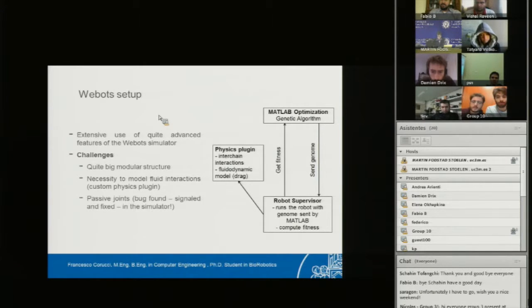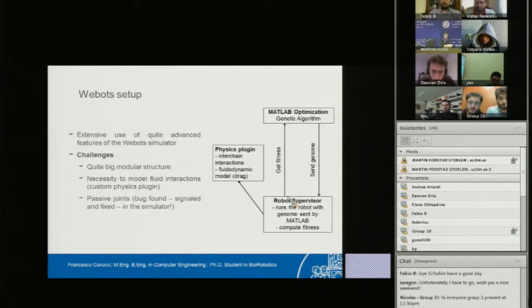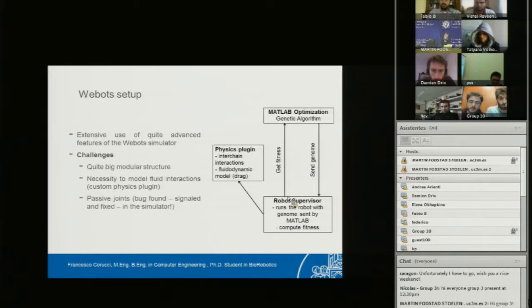So the setup is depicted in the figure. We have the optimization algorithm, that is a genetic algorithm that runs in MATLAB and sends the genomes to a robot supervisor that runs in Webots. The supervisor runs the robot with the specified parameters and computes the fitness as Vito was mentioning before, and returns the fitness to the genetic algorithm.